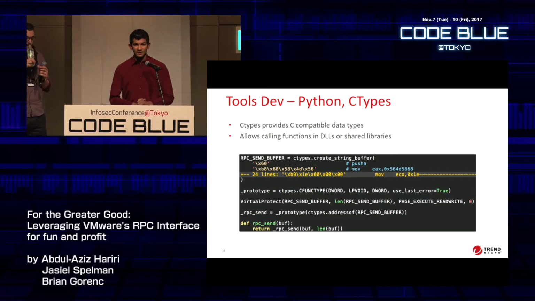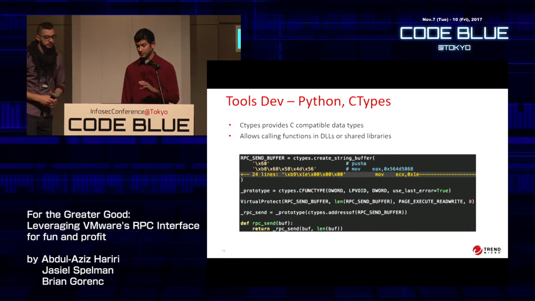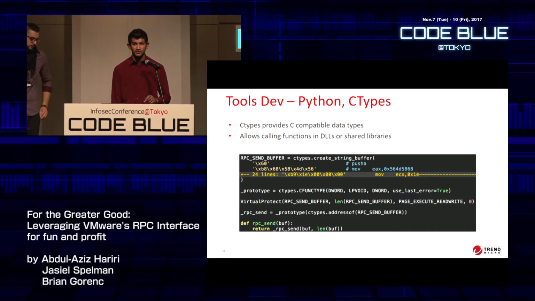If you're doing it in ctypes, which is a foreign function library for Python, then you can do this all in pure Python and you don't have as much to worry about as far as portability. You can just ship this one Python file to your fuzzing VMs or exploit VMs and go from there. It makes it a little handy, but the downside is that some of it's a little more involved.